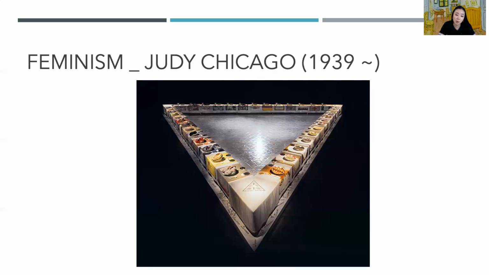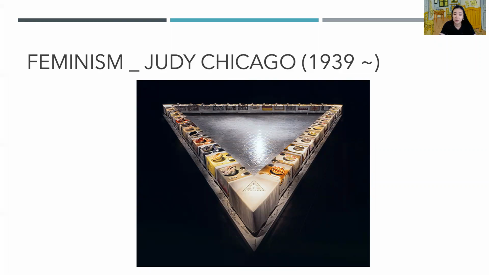And Judy Chicago's Dinner Party is perhaps the most important work from this time. A collaborative work, The Dinner Party was executed with the help of hundreds of women and several men.